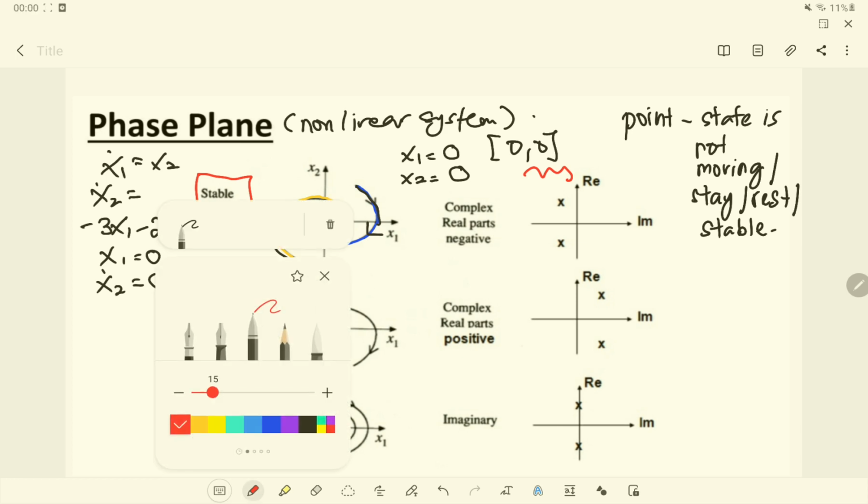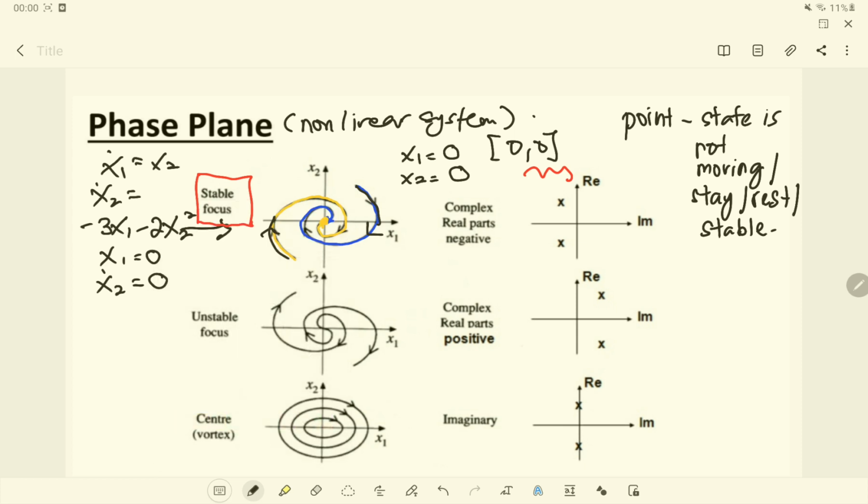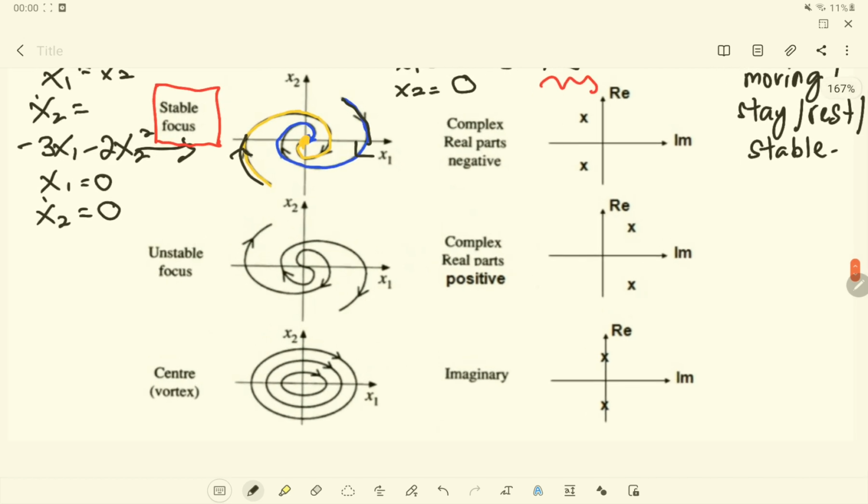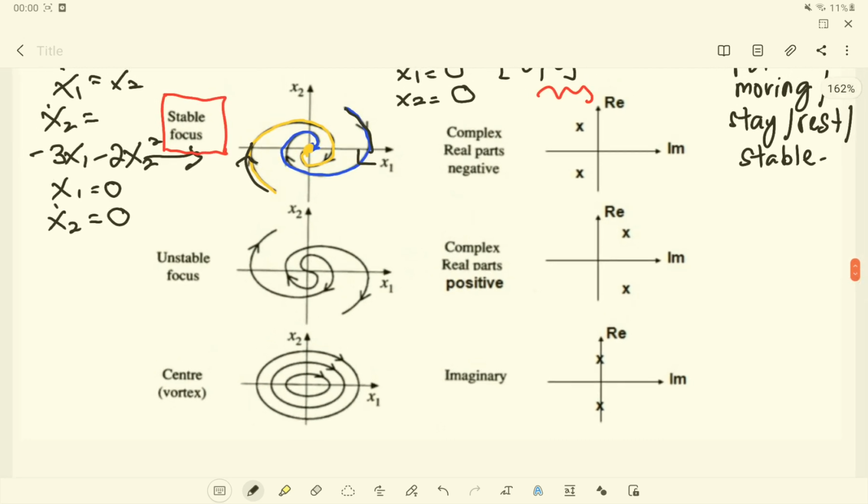Okay, now the second example or second phase plane. From 0, 0, here is 0, 0 or the origin. Blue color. The state direction goes to somewhere you do not know. And the second one starts from the origin to directions that you do not know.